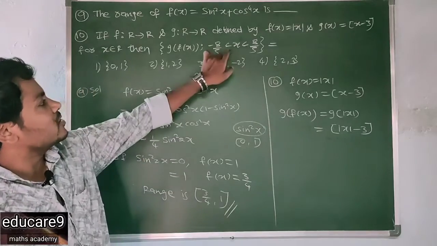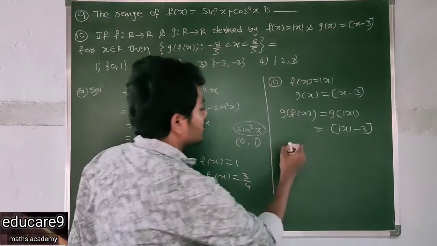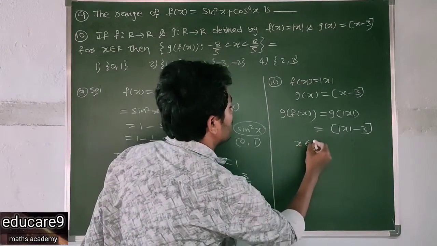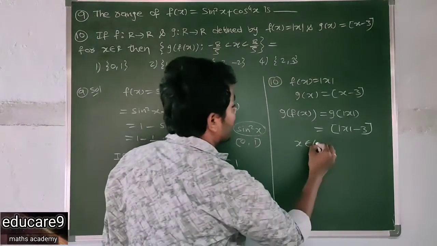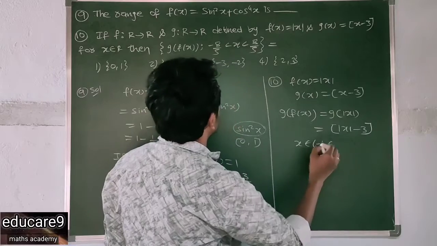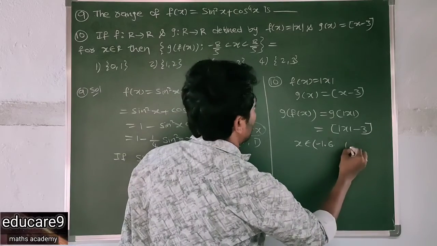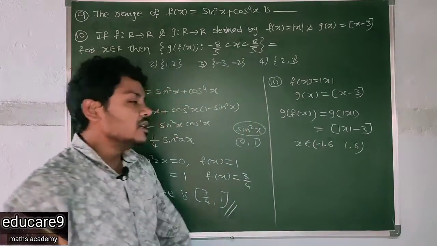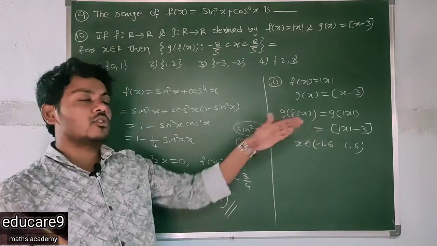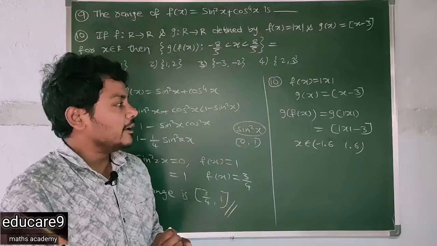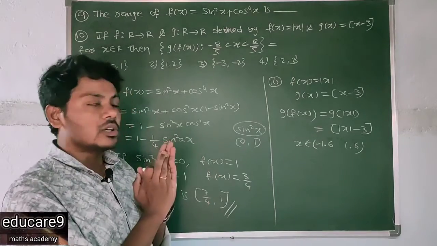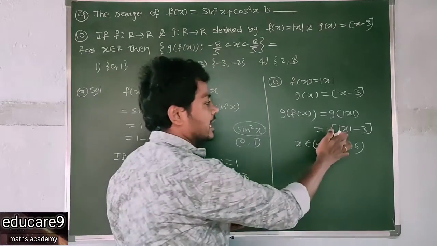But here x values are, x belongs to minus 8 by 5 to 8 by 5, that is minus 1.6 to 1.6. So in this interval, you want to find the composite function. For example, if you put x is equal to 0, what do you get?